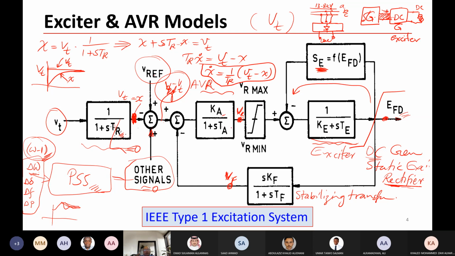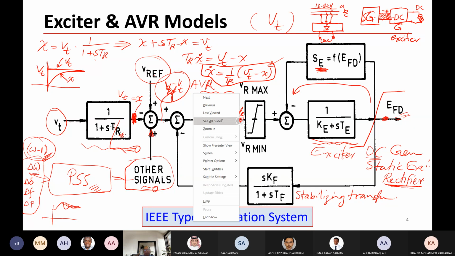Can we write the state equations for this? Similar to what we have done here, we take this block and say this signal equal to this signal multiplied by this, and assuming s times x equal to x dot, we end up with this differential equation that represents this block. Can we do the same for this block?